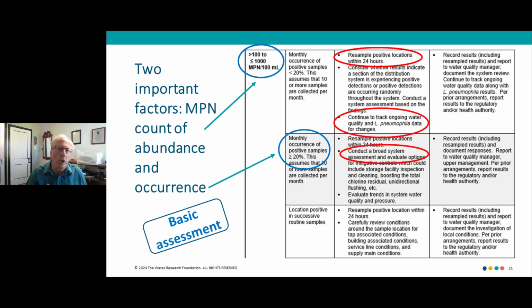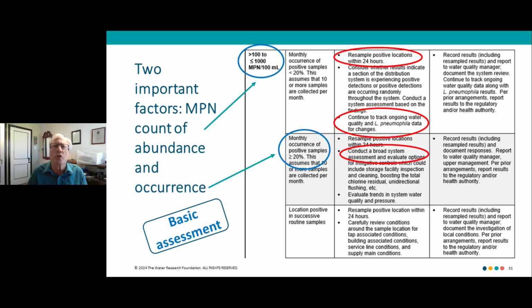Now with Legionella, we have from the LegiAlert kit both the abundance or density of Legionella pneumophila that was detected, as well as how many samples for a month or a day, depending on how many you're collecting, came up positive.